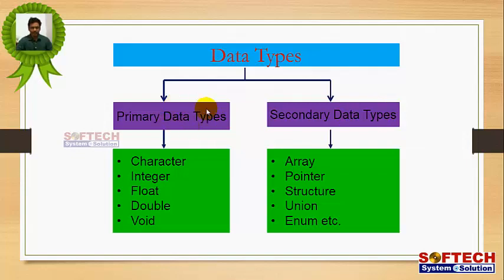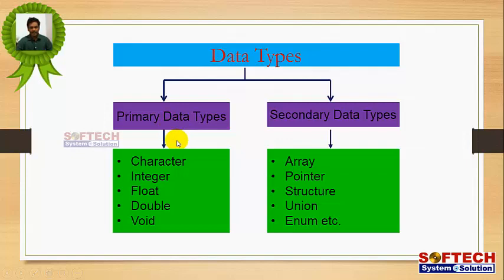The primary data types are also called primitive data types or inbuilt data types. Secondary data types are also called auxiliary data types or user defined data types.